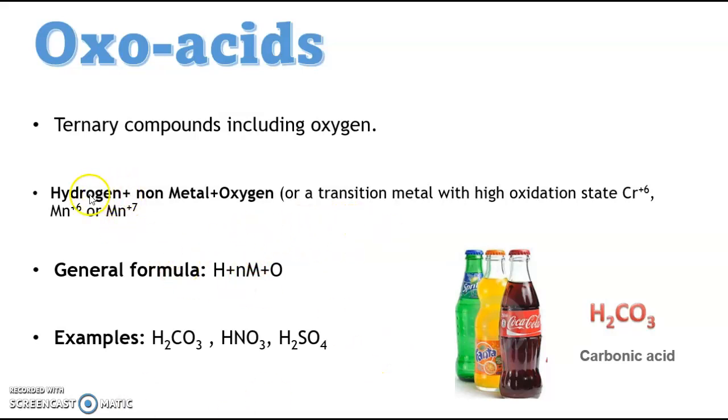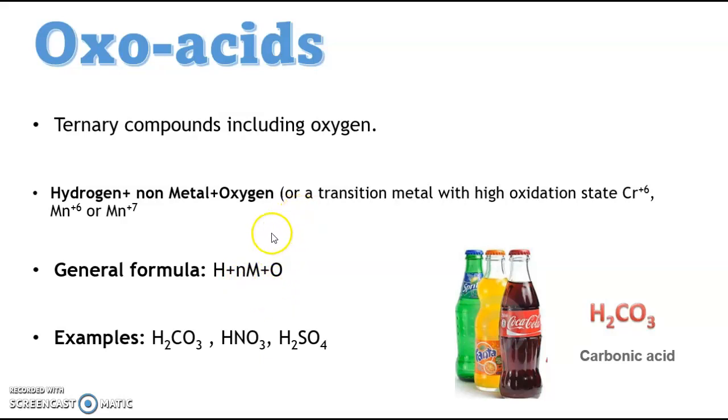So in this case, we are going to have hydrogen plus a non-metal again plus oxygen. Oxygen is always going to be the last element, as it is explained here, also summarizing the general formula: hydrogen plus a non-metal plus oxygen lastly.